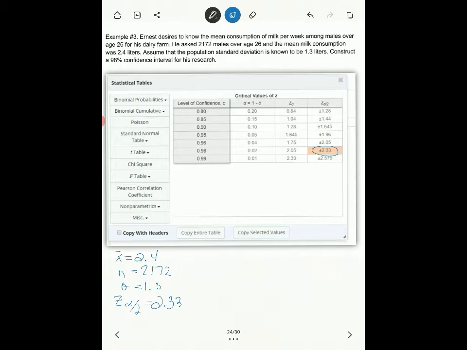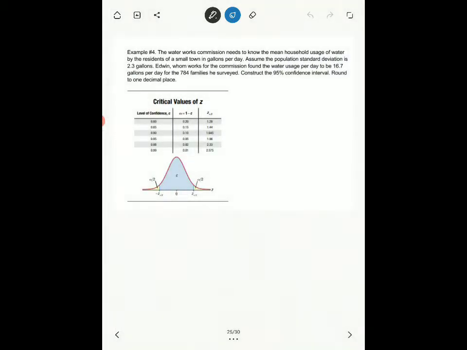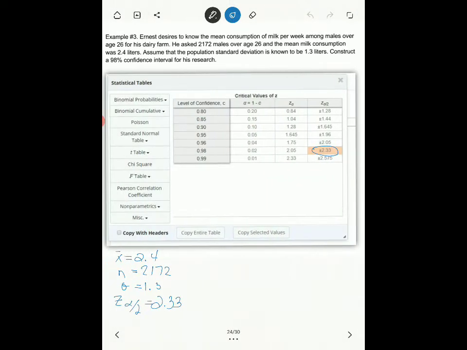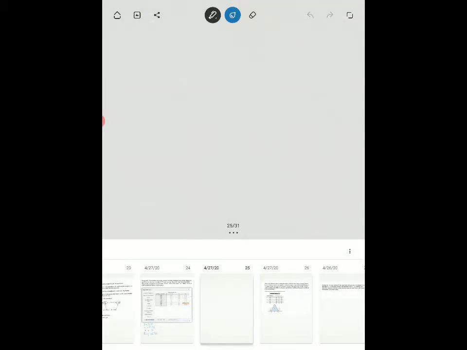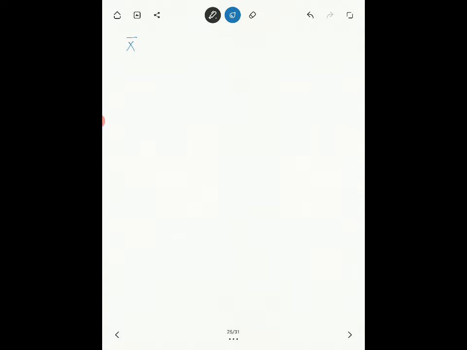So our formula that we're going to use, let's add another slide here because I think we need a little bit more room, is X bar minus Z sub alpha over 2 times the standard deviation divided by the square root of n is less than the mean is less than X bar plus Z sub alpha over 2 times the standard deviation divided by the square root of n.